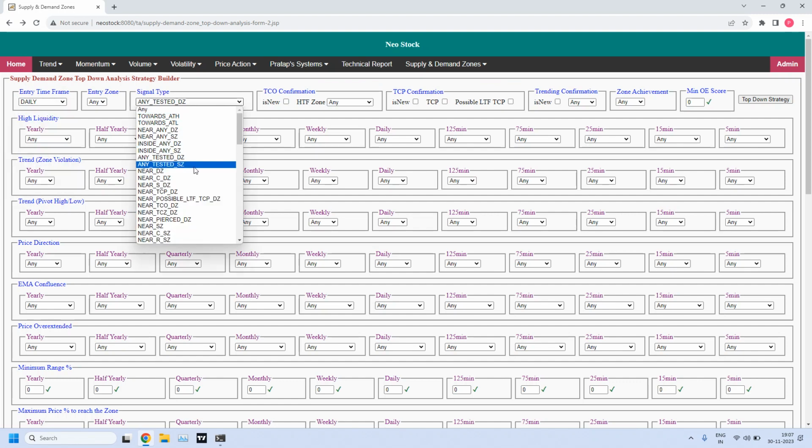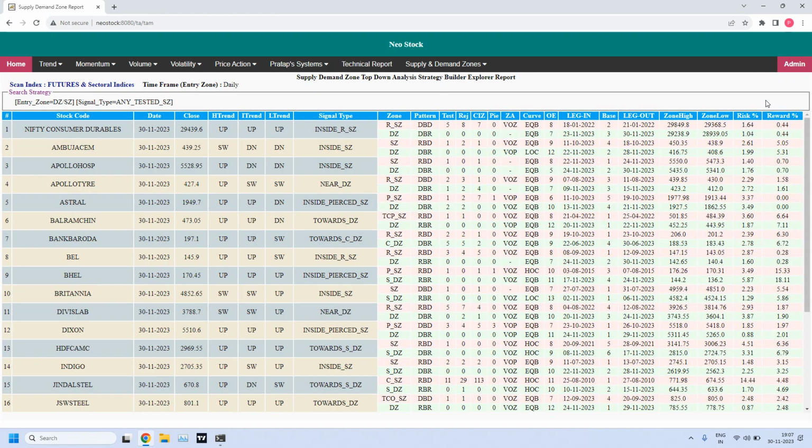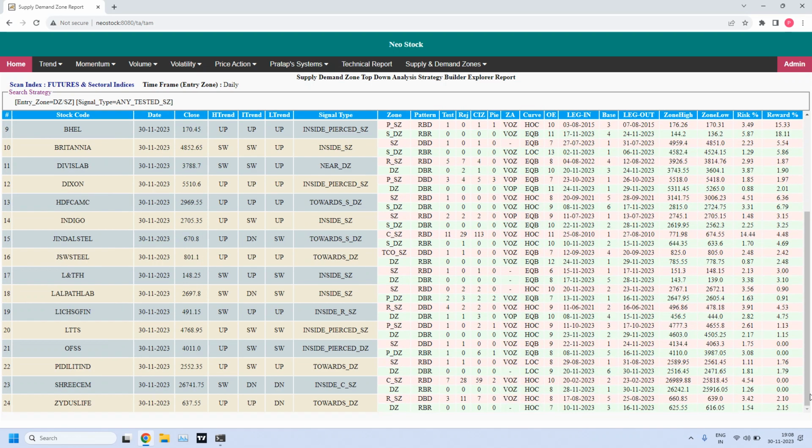Let us find the stocks tested the daily supply zones. So these supply zones are tested today. So total 24 supply zones are tested.